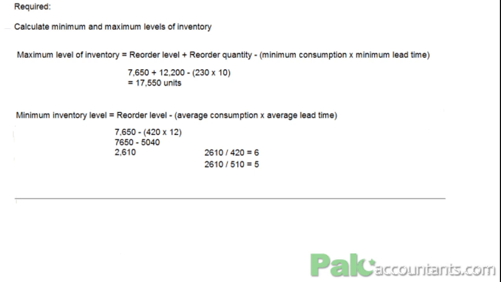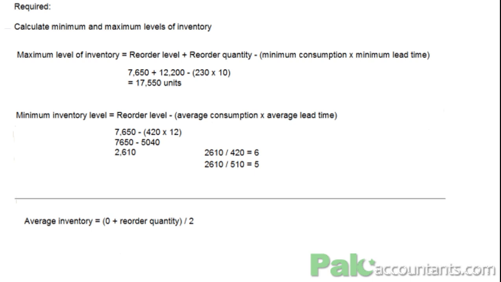So far, we know that average inventory, when we were calculating holding cost, we were doing something like this: 0 plus reorder quantity divided by 2. Okay, the sum of these two, we were dividing over 2 to calculate average inventory.